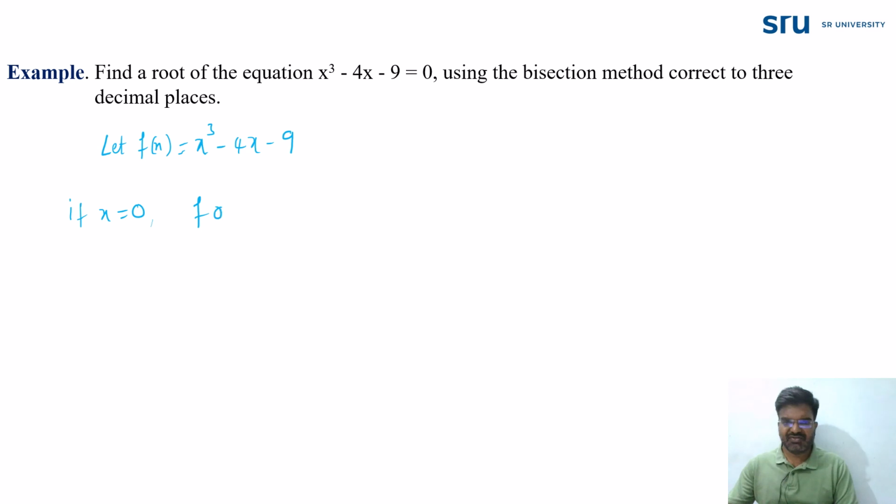What is the functional value here? f of 0 equals -9, negative. Next, I can take x equal to 1. So f of 1 equals 1 minus 4 minus 9. So the value is -12. It is negative.